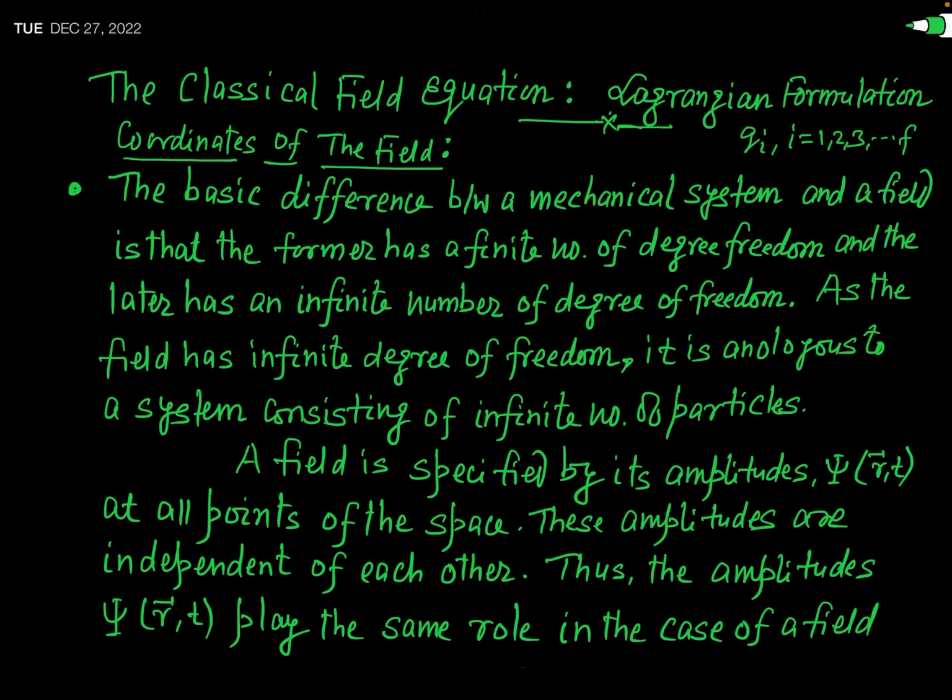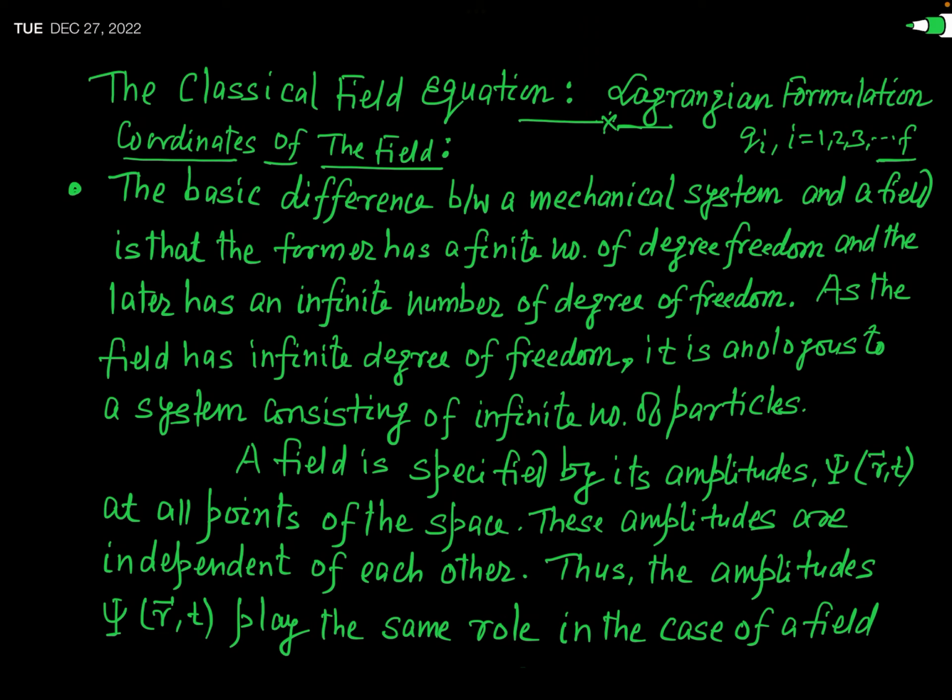Actually, the basic difference between a mechanical system and a field is that the degree of freedom in case of a mechanical system is finite. As you can see, I have stated here that f is the degree of freedom of a classical system or a mechanical system. Here f is actually a finite number. This may be 1, this may be 2, 3, 4, 50 and so on. But it is never infinite.